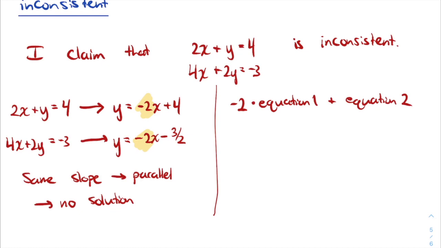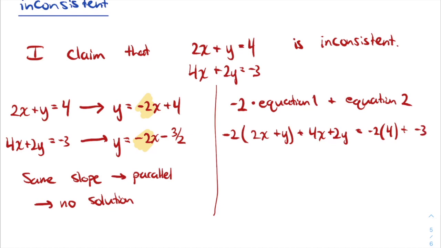This might be a slight abuse of notation, but what I mean it to be is negative 2 times 2x plus y plus 4x plus 2y is equal to our negative 2 times 4 plus negative 3.